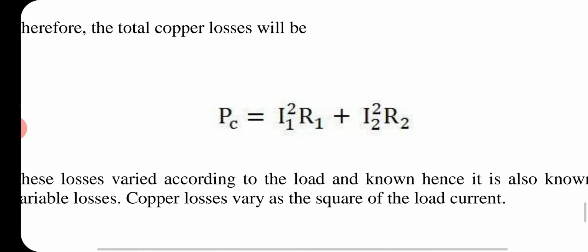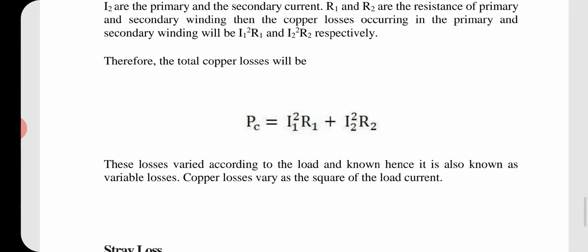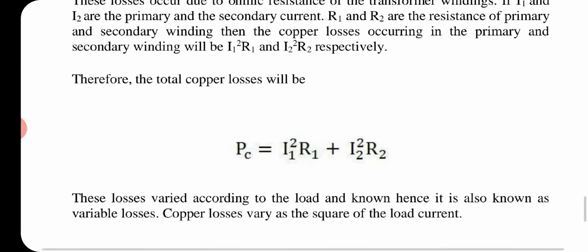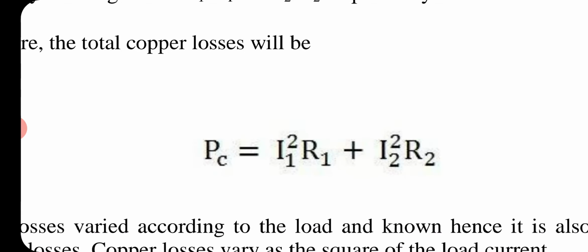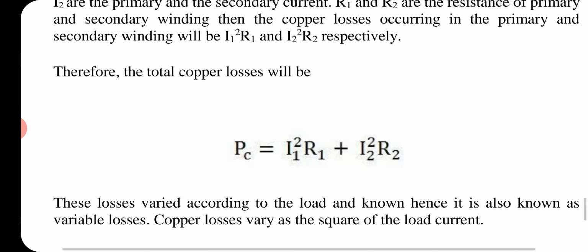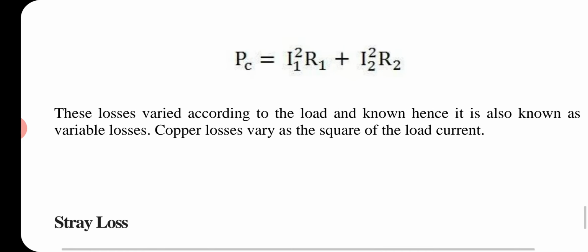This loss can be reduced by reducing the current, but we cannot reduce the current for several operations. So it is better that we reduce the resistance of the wire. So it's better to take a low resistive material for making the winding at the time of manufacturing the transformer.